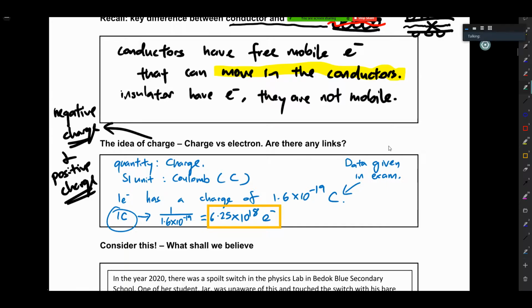Do y'all have any question regarding this idea of charge? So basically, charge is a quantity that defines the strength of electric field.